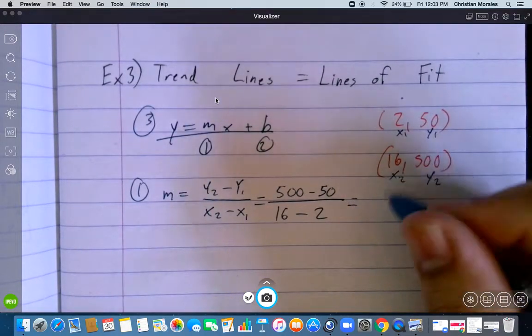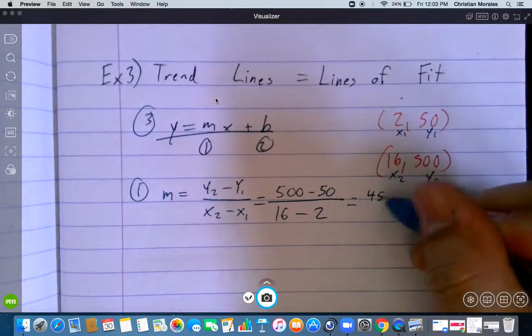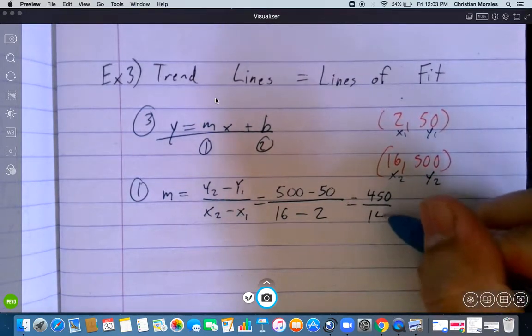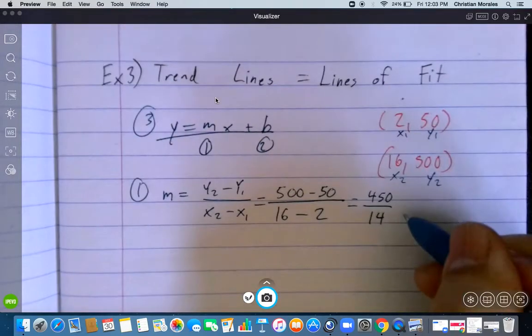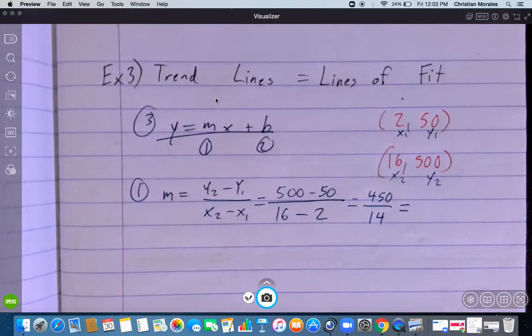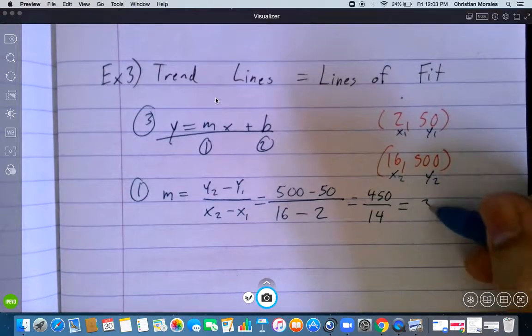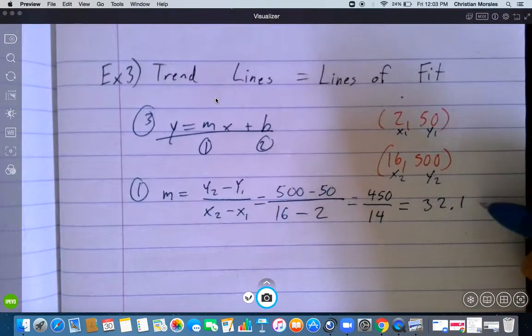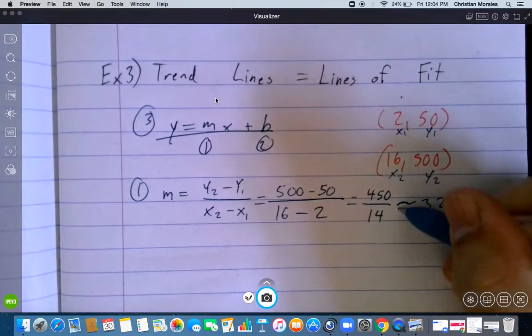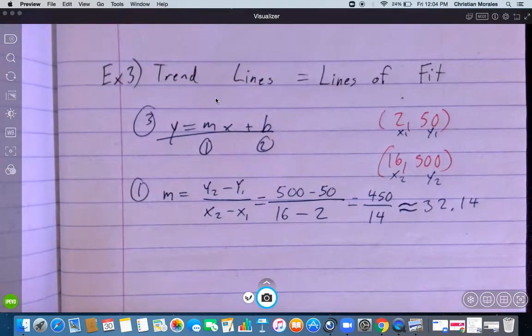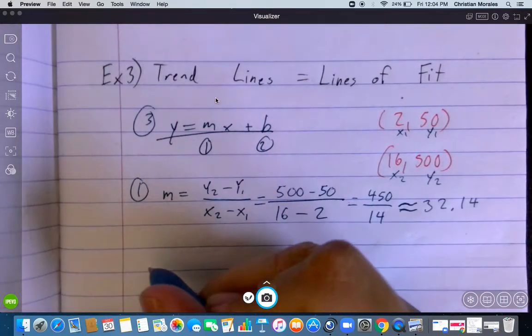So we subtract that, I get 450, and 16 minus 2 is 14. Because we already have the graph and are not graphing it, we're going to write down the slope as a decimal. So I'm going to divide 450 by 14, and I'm going to approximate it: 32.14. So approximately 32.14.